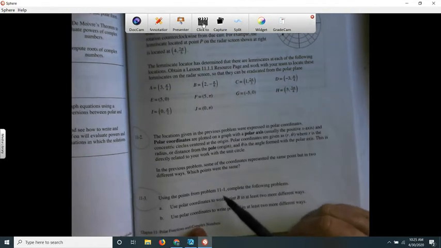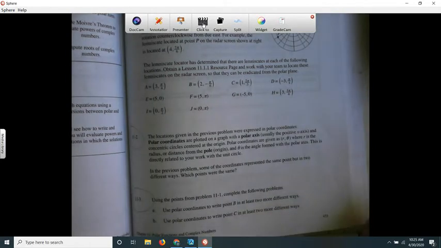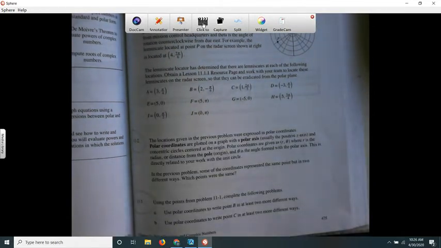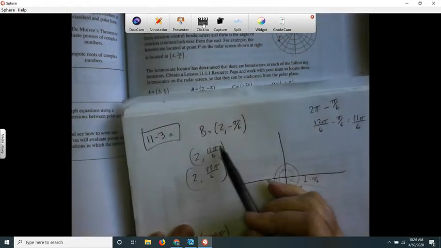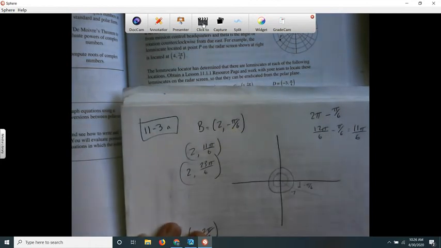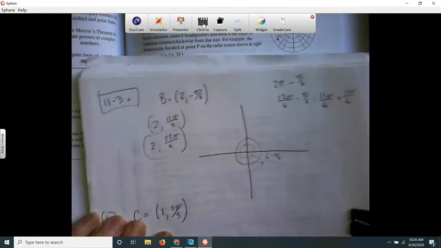Using points from 11-1, complete the following problems. Letter A says use polar coordinates to write point B in at least 2 more ways. So let's see if we understood. They said that point B was 2 comma negative pi over 6. I'm not going to use the fancy graph, I can draw my own.